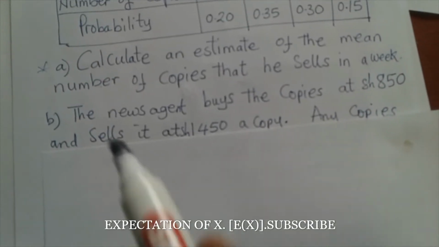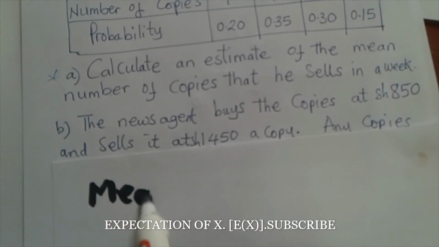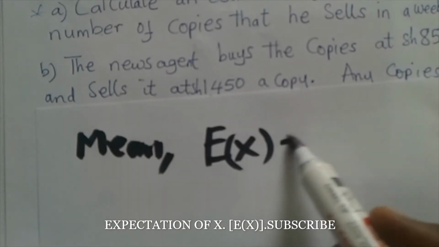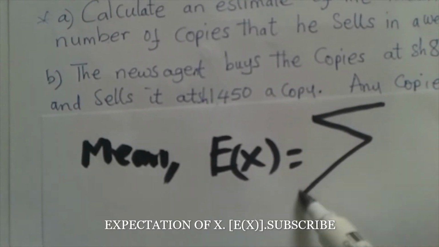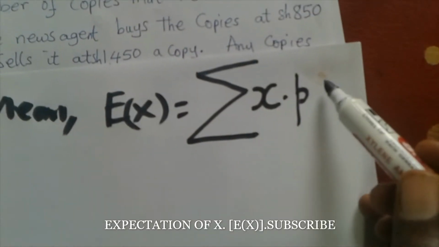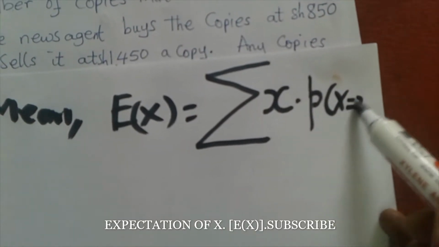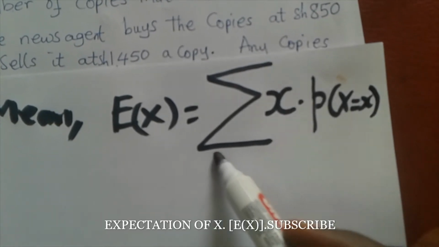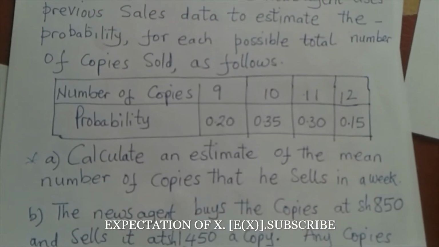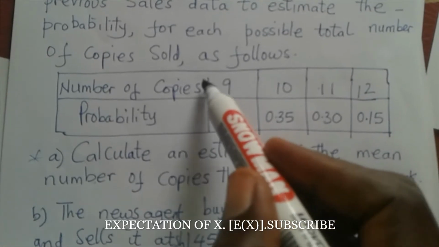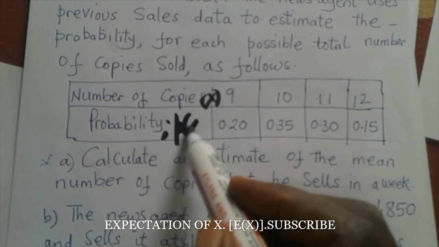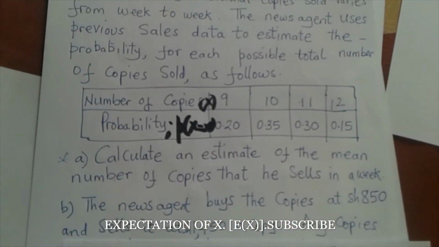And as we said, that mean or average, that is expectation of X, is given by the formula summation x multiplied by probability for a random variable X equaling x, taking up all x values. So we shall look at number of copies, and that will be our x. Then probability, of course, the probability of X equaling small x.